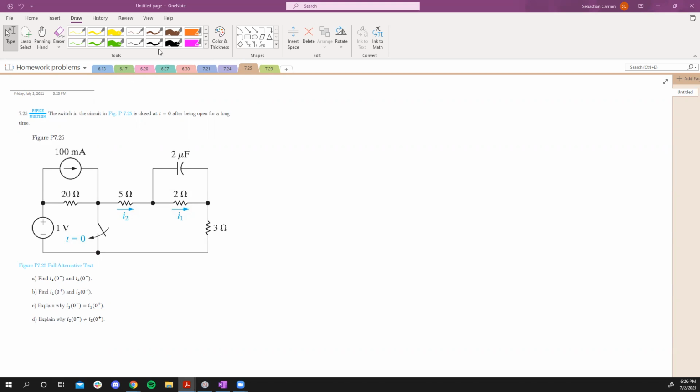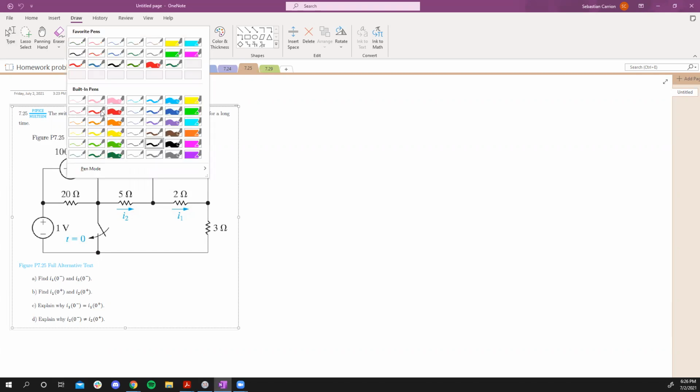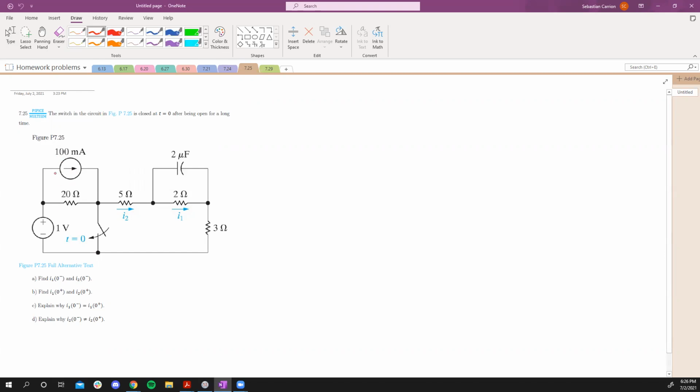I'm gonna use this circuit right here and do a circuit analysis. I'm gonna call this voltage V1, or call it V2, doesn't matter, then V3, V4.